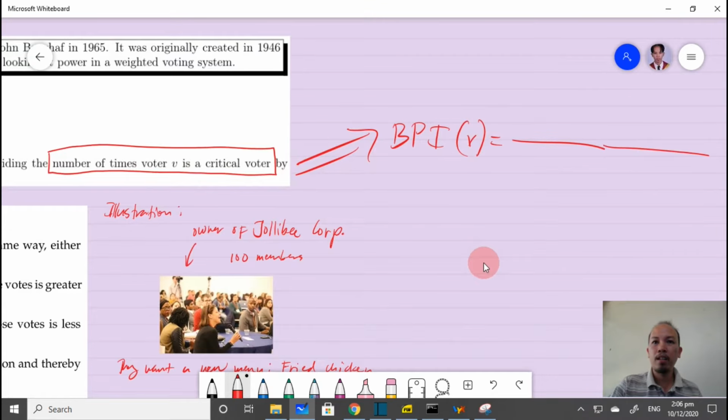The number of times voter V is a critical voter, over the number of times any voter is a critical voter.